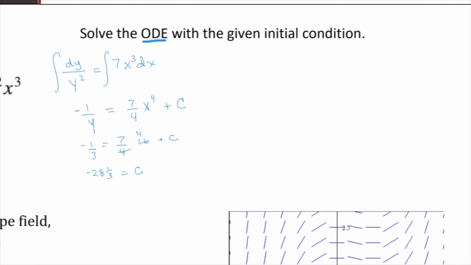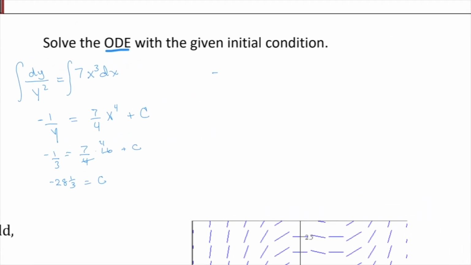Now from here, we're going to rewrite our problem so that negative 1 over y is going to be equal to your 7 over 4 x to the fourth power plus, and then your c value. Let's see here, we're going to have negative 28 and 1/3. Let's do a little bit of cross multiplication.